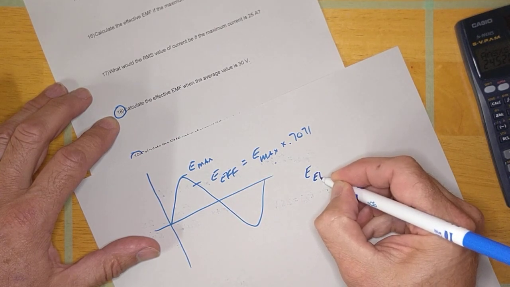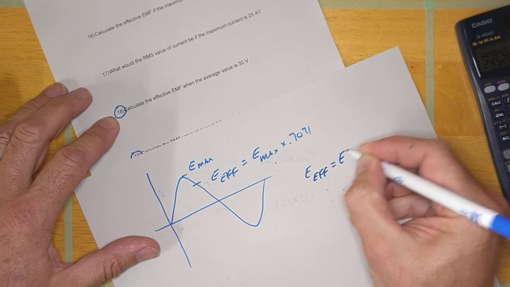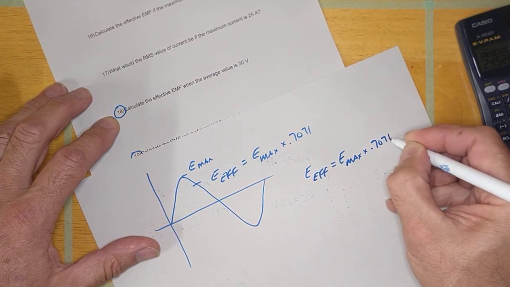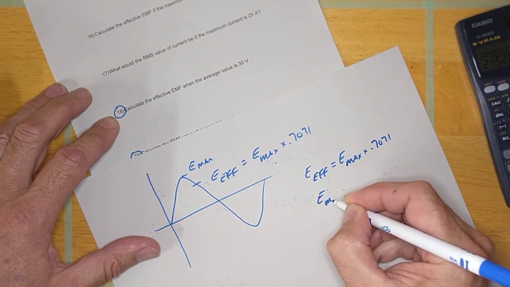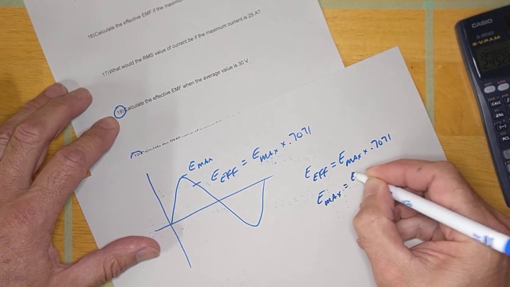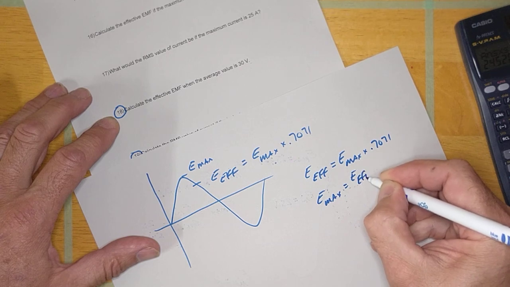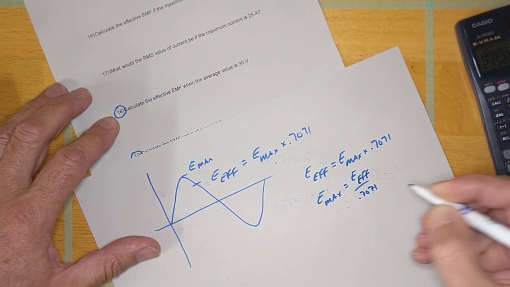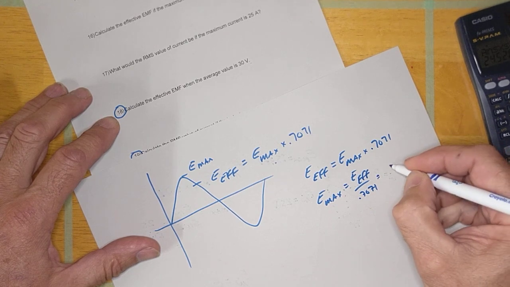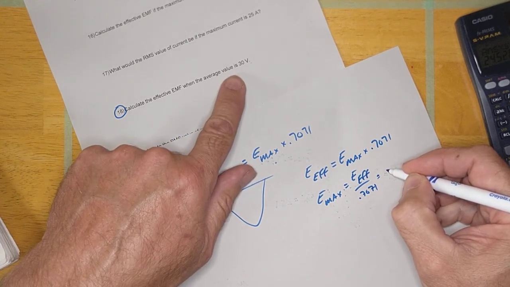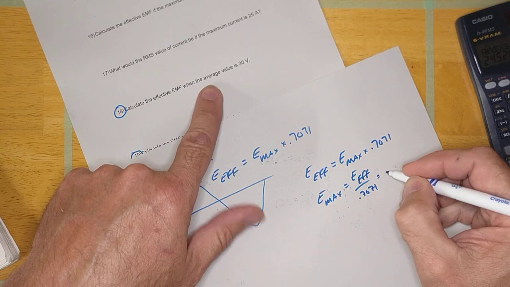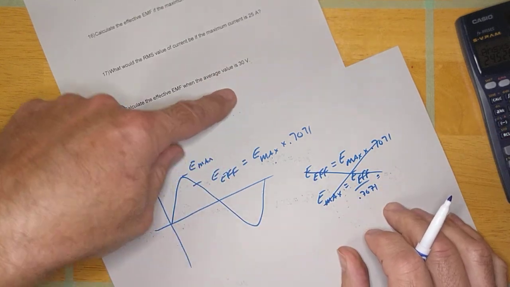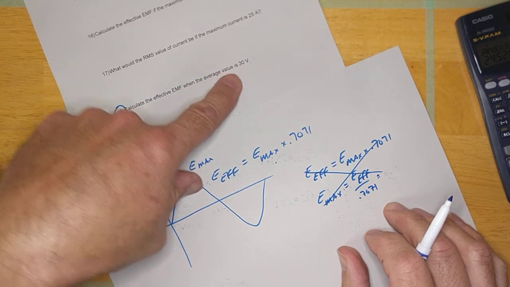Here's my formula, and I have to transpose it, annoyingly, but it's not too hard. We have to use this average value of voltage to calculate the max.